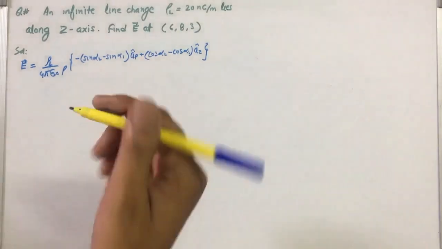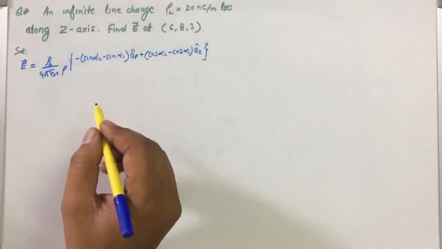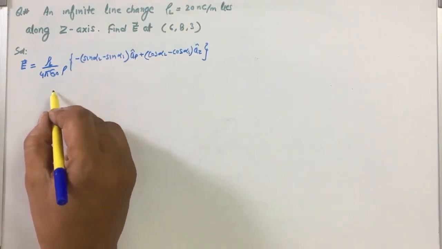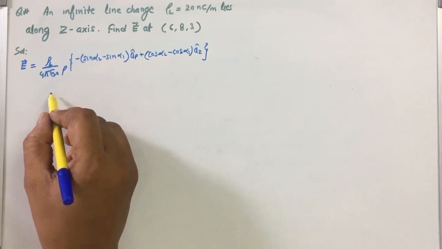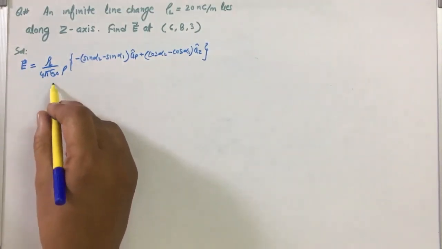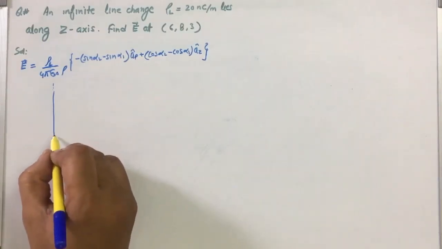Now let us try to find the electric field intensity in this case. For that purpose, let us visualize the problem. The line is placed along the z-axis. So consider this z-axis.